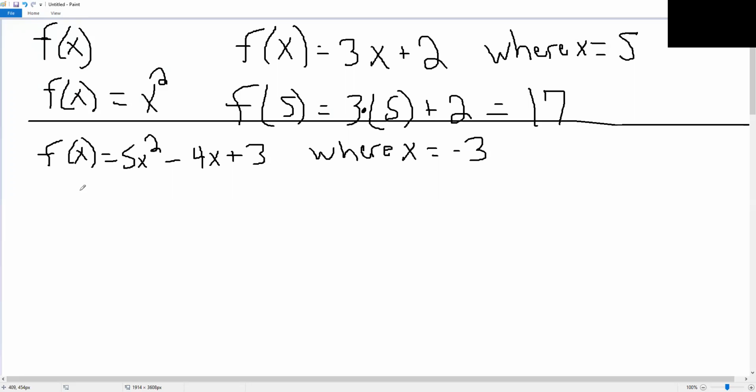And we have to solve this. So we would rewrite it as f of -3 equals 5 times (-3) squared minus 4 times (-3) plus 3.